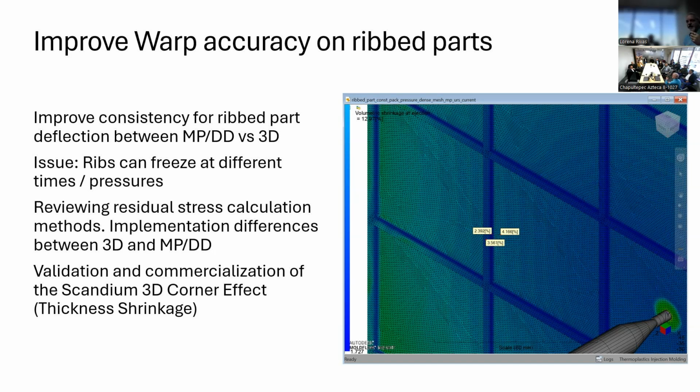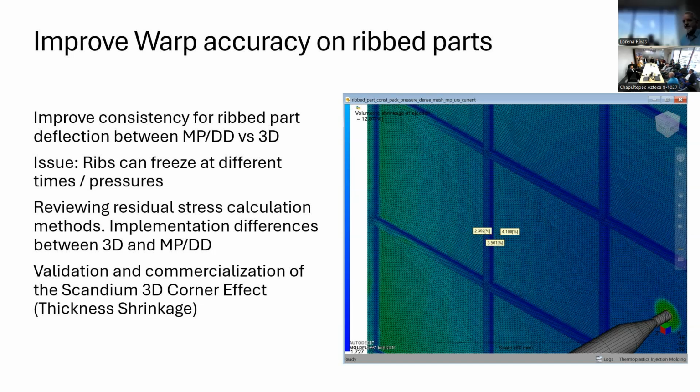In dual domain, we see that they are being represented as too stiff. So we're trying to address that with a modification to the way we treat models in dual domain with low RIPs, to make it more similar to how this would be predicted in 3D.